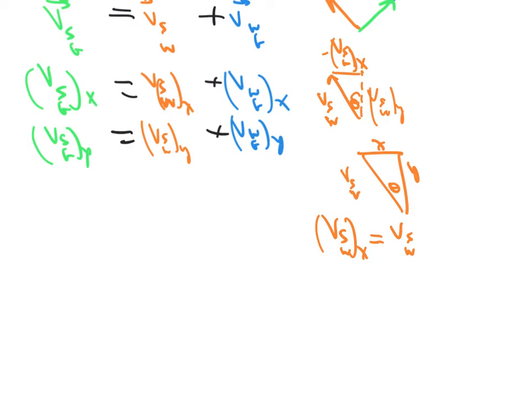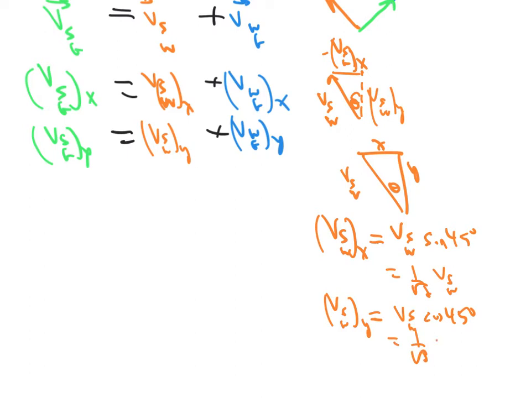Oh, sorry. X would be sine 45 because it's opposite, but that's 1 over root 2 times that speed, and v of the swimmer with respect to water in y would be v swimmer with respect to water cosine 45, which is 1 over root 2 as well. So we get something like that.